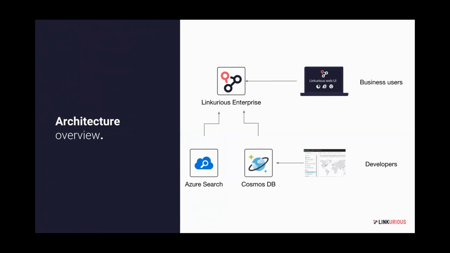You connect Linkurious Enterprise to these two products, and then your business users can easily search and retrieve information from your graph. So once again, Linkurious Enterprise is directly compatible with Azure and specifically with Cosmos DB. It's really a great solution to make your Cosmos DB data available to end users.